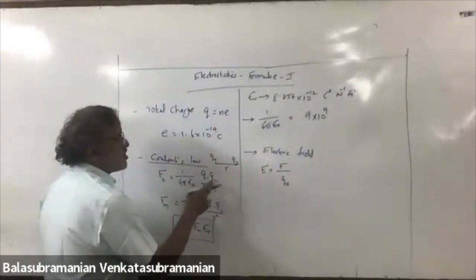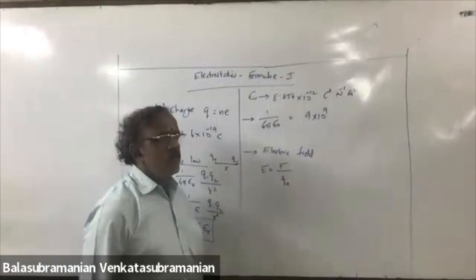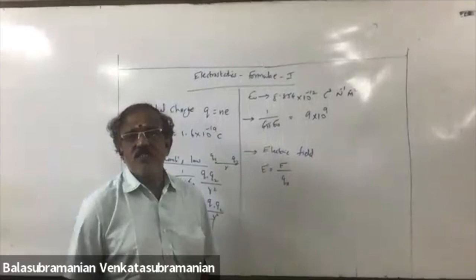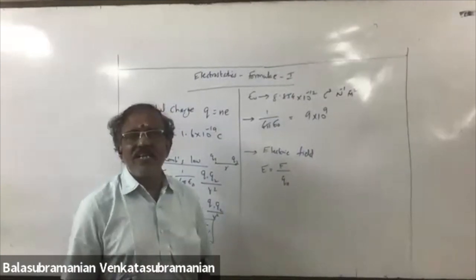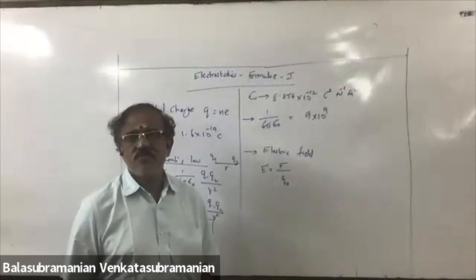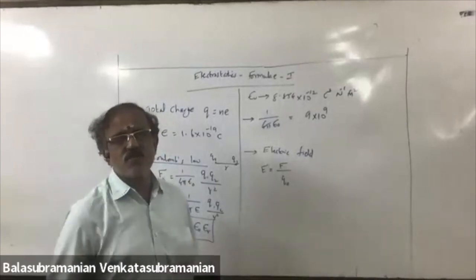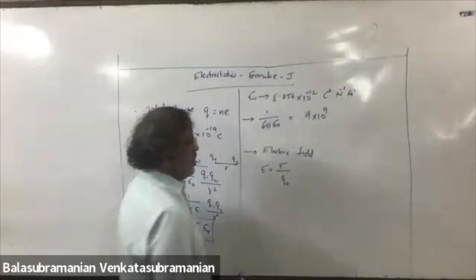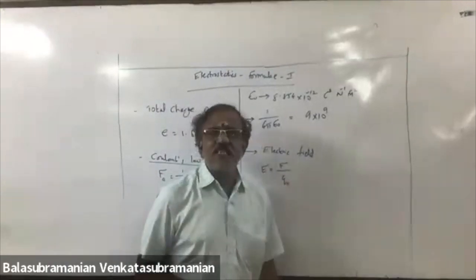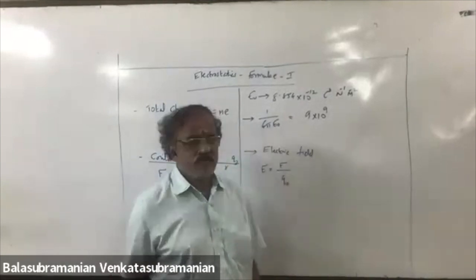Both are positive, and this is the formula. Of course, two positive charges will repel, while one plus and one minus will attract. In that case, you will get a negative sign here. You can write it in vector form also. So electric field will be the force between the two charges divided by the test charge Q naught.